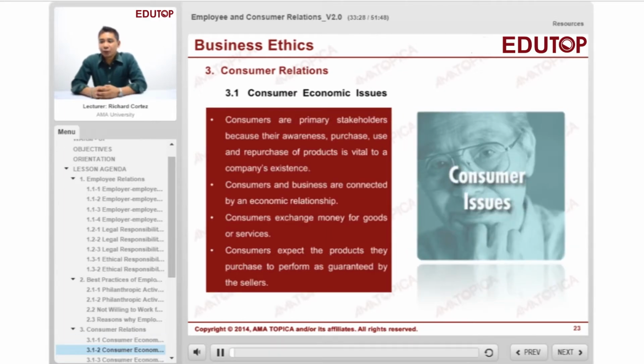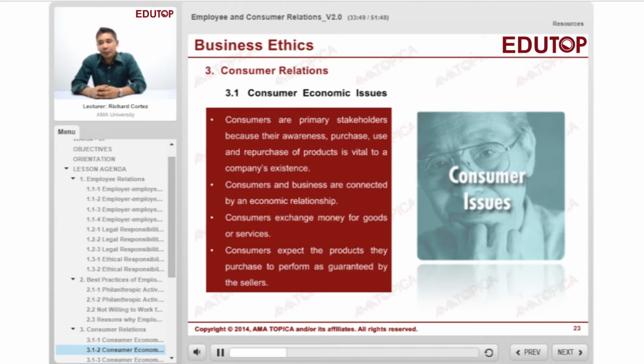So we continue with consumer economic issues. Consumers are primary stakeholders because their awareness, purchase, use, and repurchase of products is vital to a company's existence. So take good care of the consumers. They are the lifeblood of your company. We should be responsible towards them. They can be considered primary stakeholders.